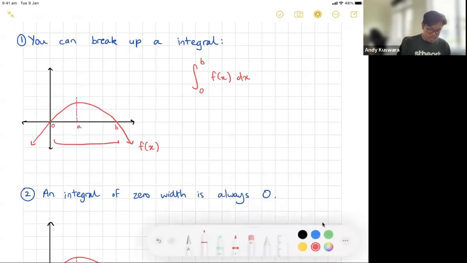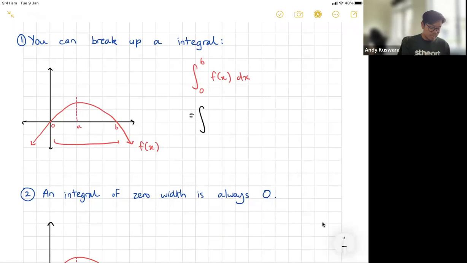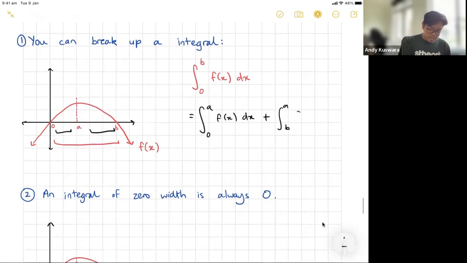But I could break it up into two separate integrals. I could do 0 to a of f(x), because my function doesn't change, and then add a to b of f(x) dx.